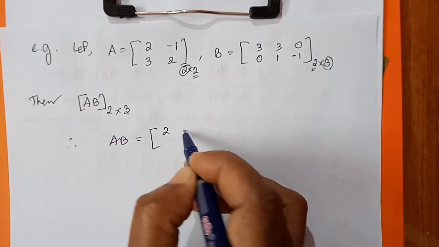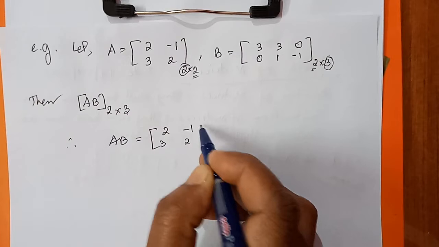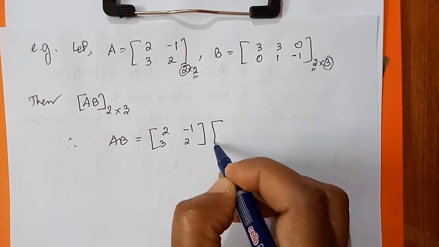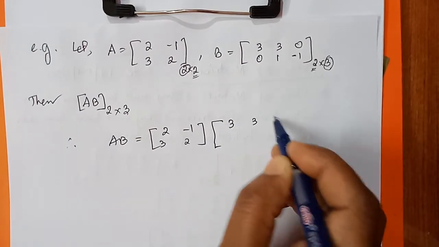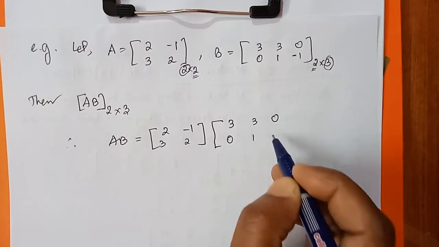You write 2, minus 1, 3, 2. And here you write 3, 3, 0, 0, 1, minus 1.